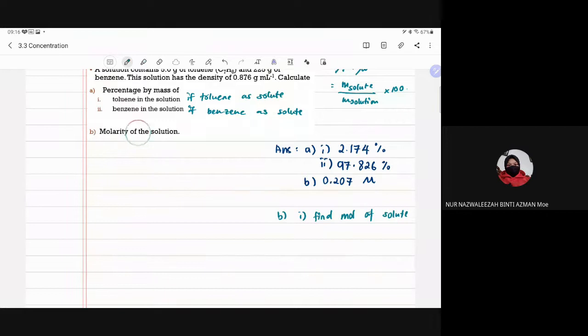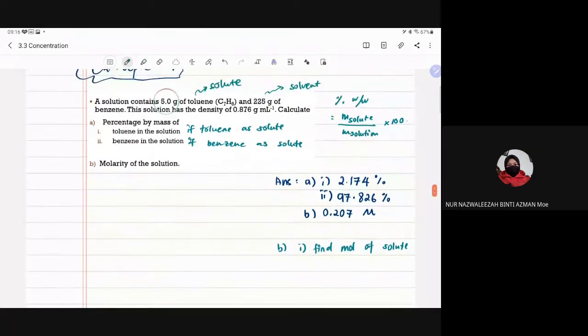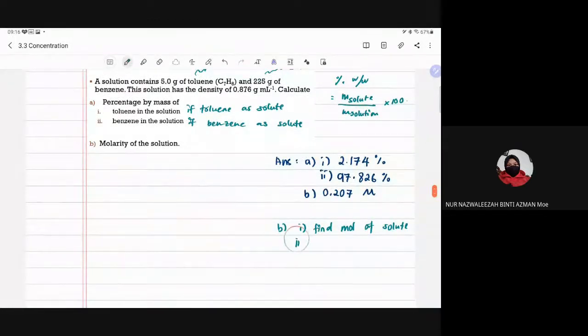Solid dalam ini siapa kita tahu yang bilangan dia sedikit. Toluene lah. Kedua, find volume of solution using density.